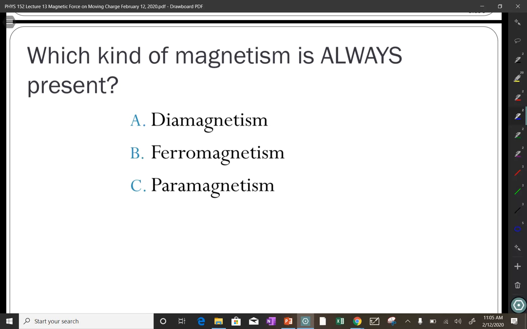All right, 9 out of 10 have answered. That's stuff from yesterday. All right, everyone's answered. We had 5 people that said diamagnetism, 4 who said ferromagnetism, 0 who said paramagnetism, and I had there an option none of the above, and 1 person said none of the above.